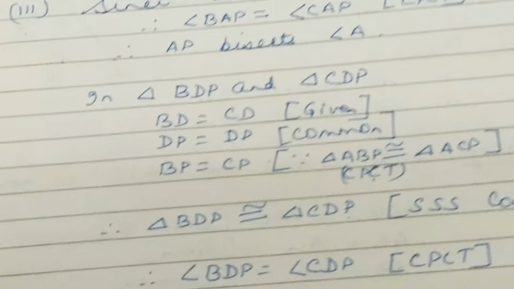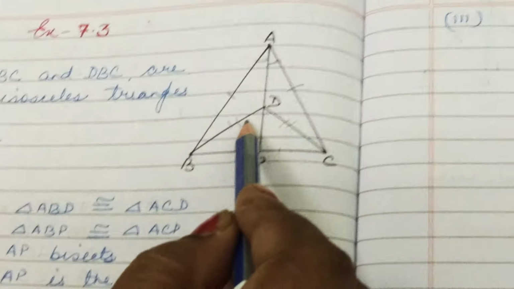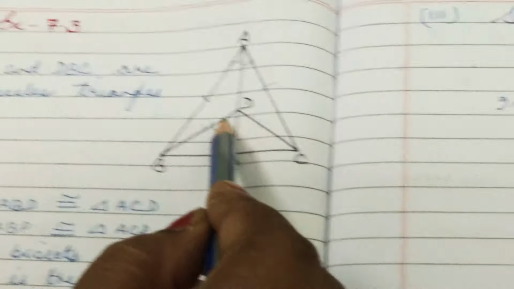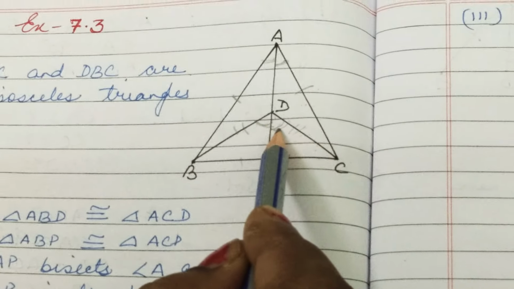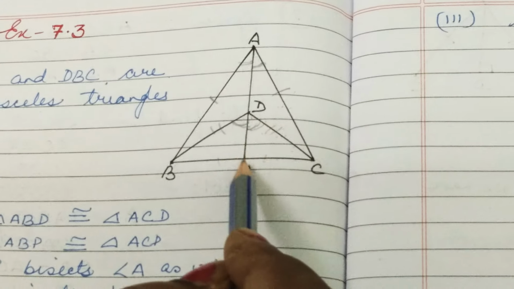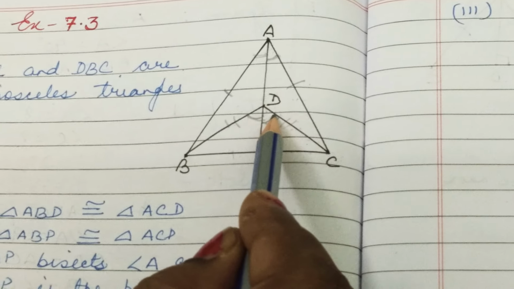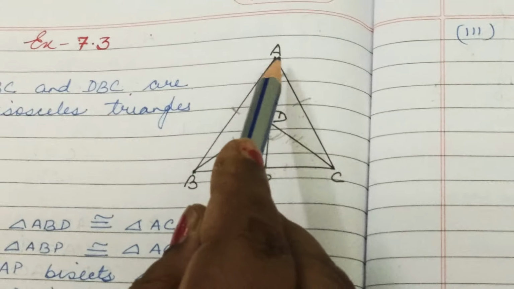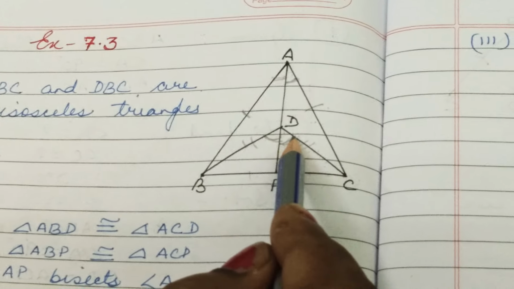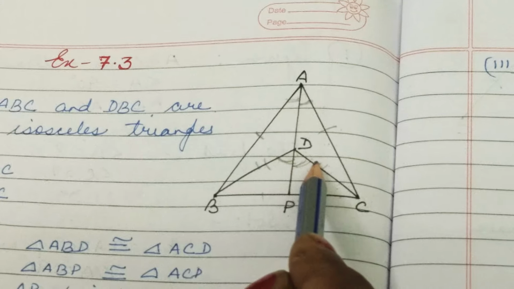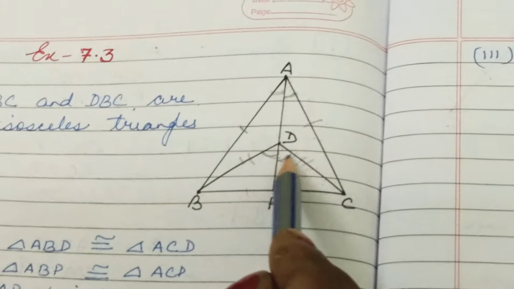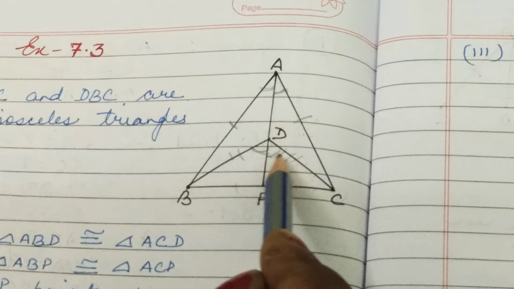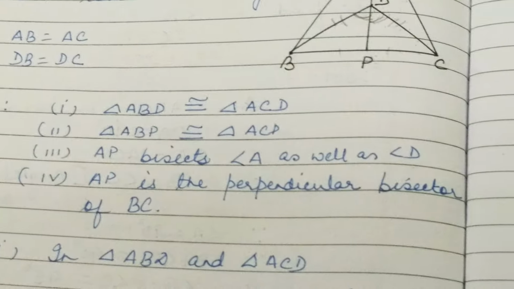Now, when these two triangles are congruent, angle BDP equals angle CDP, again by CPCT. If these two angles are equal, this means that DP is bisecting angle D. Or we can write that AP is bisecting angle D. Thus we have proved that AP bisects angle A as well as angle D. So the third part is also proved.